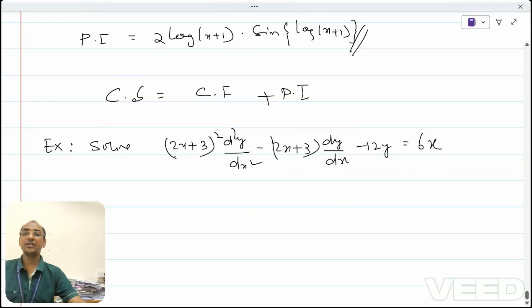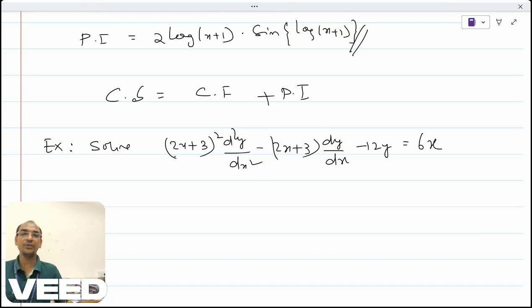Now you see that the equation is in the form (ax plus b) whole square d square y by dx square and (ax plus b) dy by dx and y equal to some function of x. So this is a Legendre type equation, where here a is nothing but 2, b is nothing but 3.